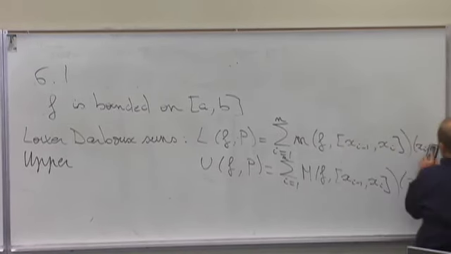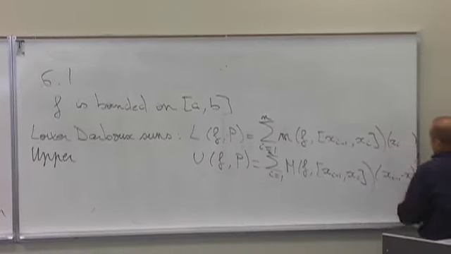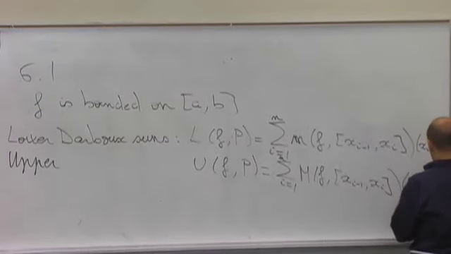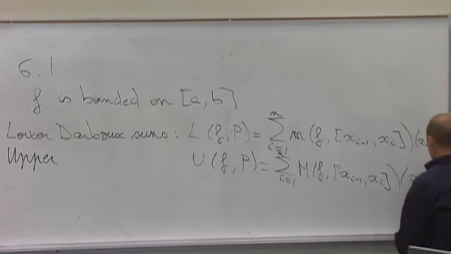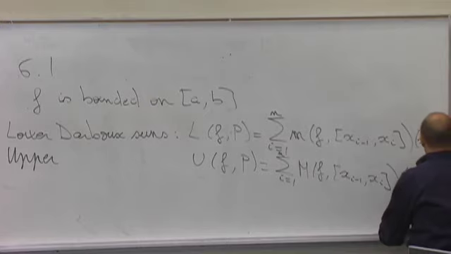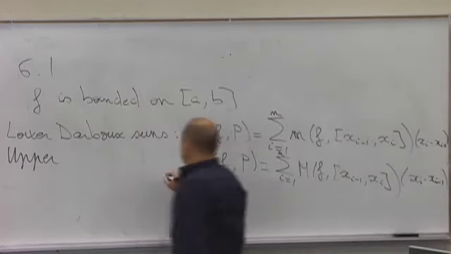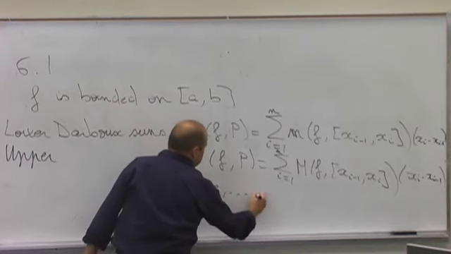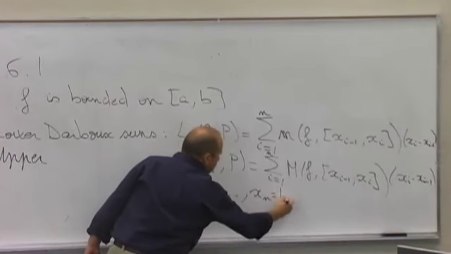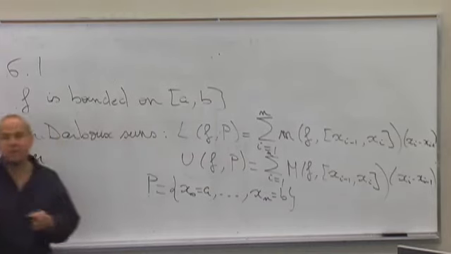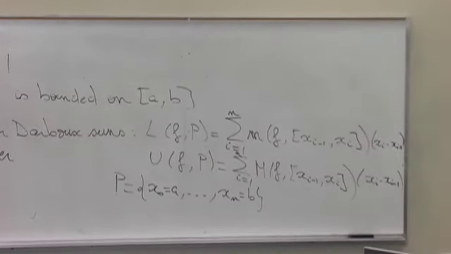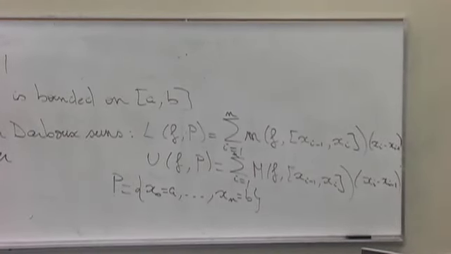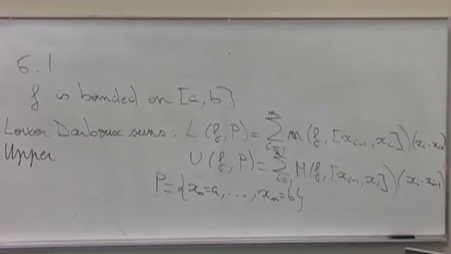Actually, it's x_{i-1}. This is for a partition P, which is a set of points, x0 equal A, and xn equal B. So you discretize your interval AB. You pick n plus 1 points. You cannot pick the two extreme points freely. The two extreme points must be A and B.